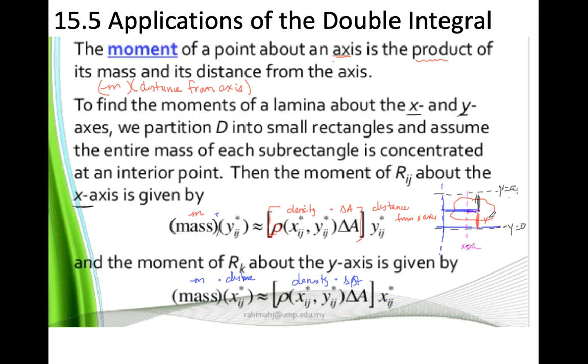This distance is just x, right? 0 to x. So notice that there's approximates here because we're going to do this for all points, right? So we're going to sum all of these up.